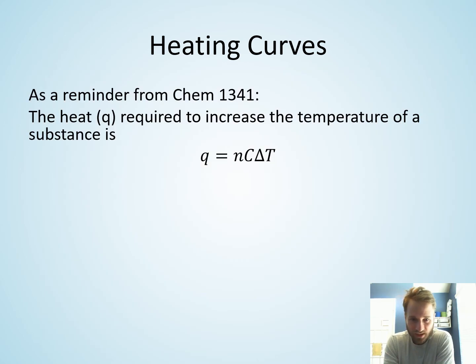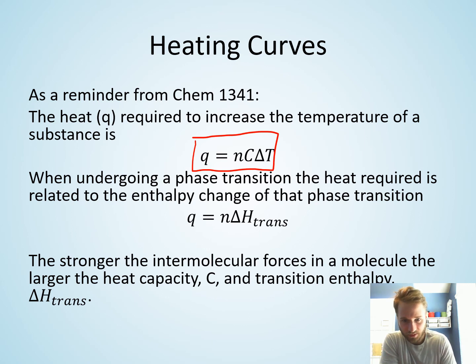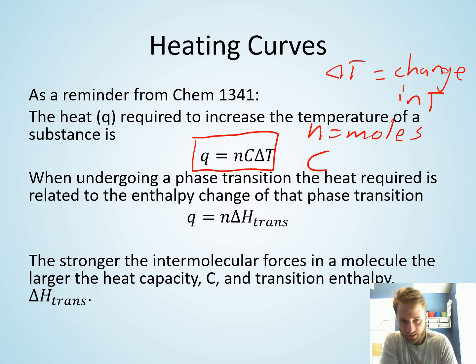Just as a reminder from 1341, the amount of heat that's required to change the temperature of some compound is related to this equation: Q equals n C delta T. n is the number of moles, delta T is your change in temperature, and C is what's called your heat capacity.